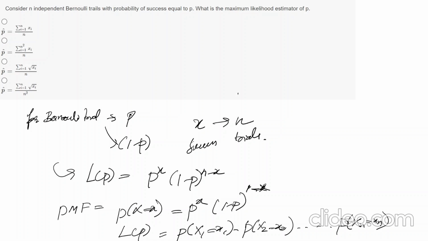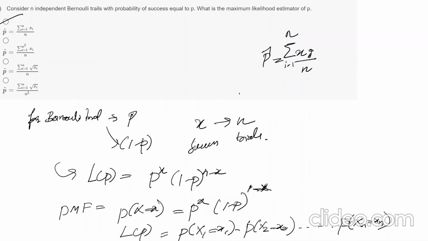So we just have to write it like summation of x i by n, i equal to 1. The same form can be written like this. So whatever matches this is the correct answer.